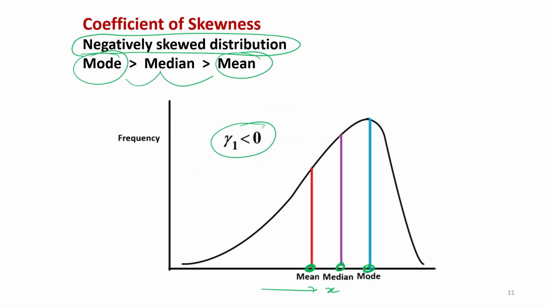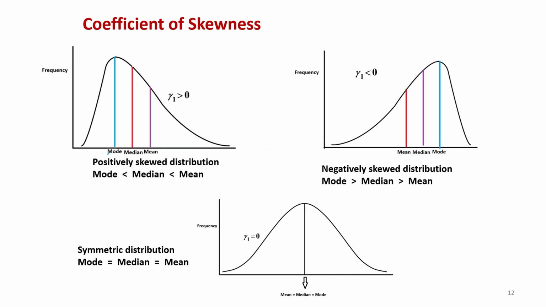Right. So now you can see that by looking at the values of mean and median and also mode, you can actually judge whether the distribution of the data is positively skewed or negatively skewed, right? And I have just prepared all these figures at one place so that you can very easily compare them.